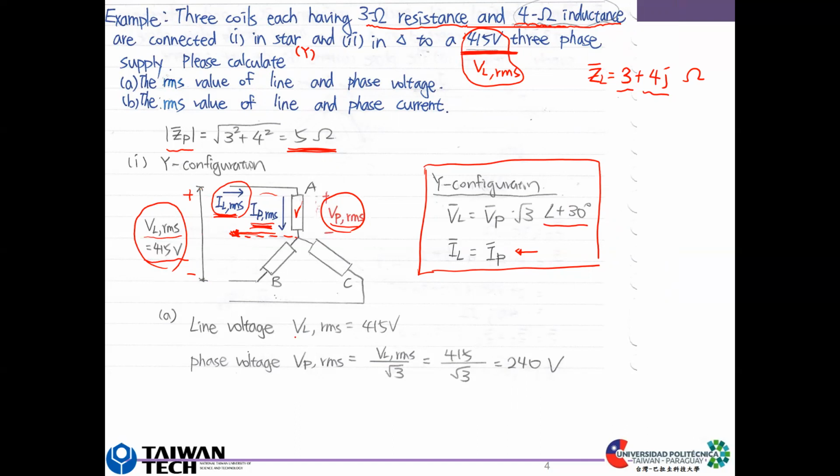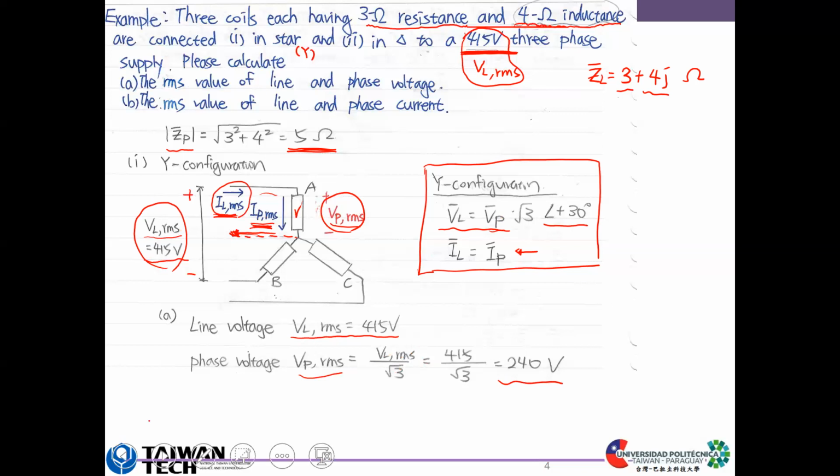So the line voltage VL RMS equals 450 volts. For the phase voltage, they are different, so we resort to this formula. The phase voltage in RMS equals the line voltage in RMS divided by square root of 3, and the answer is 240 volts. So any questions regarding this one?